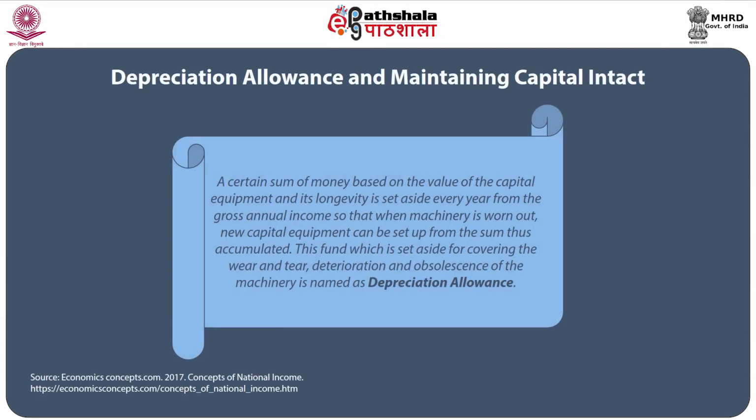A certain sum of money based on the value of capital equipment and its longevity is set aside every year from the gross annual income, so that when machinery is worn out, new capital equipment can be set up from the sum thus accumulated. This fund, which is set aside for covering the wear and tear, deterioration and obsolescence of the machinery, is named the depreciation allowance.